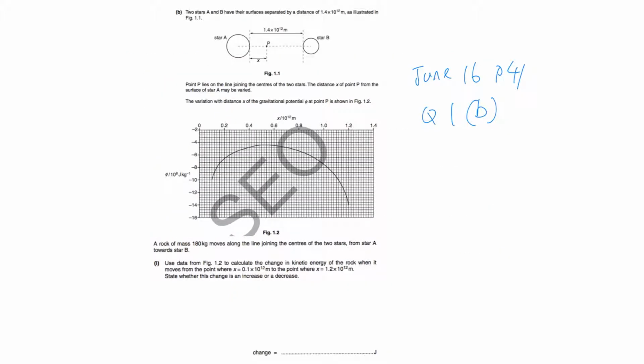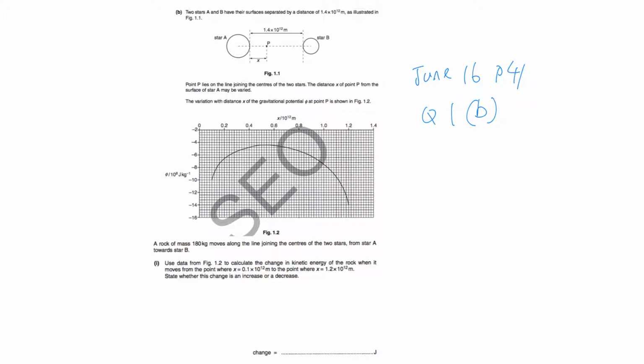Now, for this question, they want you to find the change in kinetic energy when it moves from x equals 0.1 to x equals 1.2. So what you have to do is read from the graph what your values are. So how do we actually find the KE? Think about this.